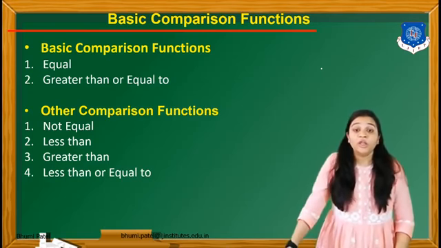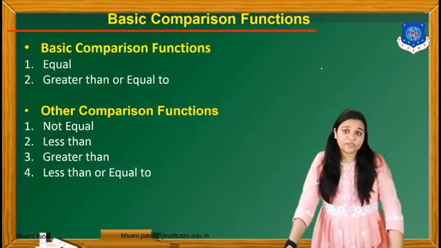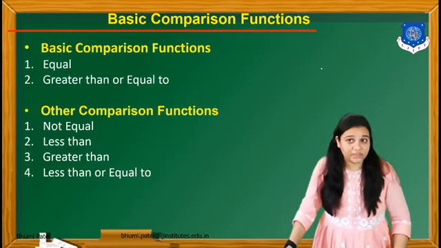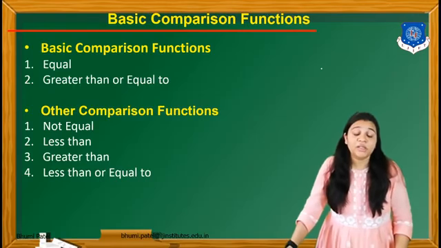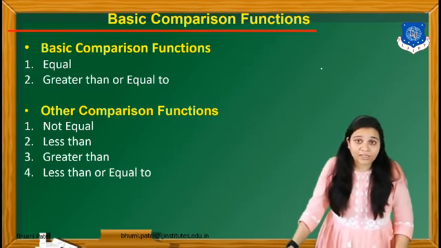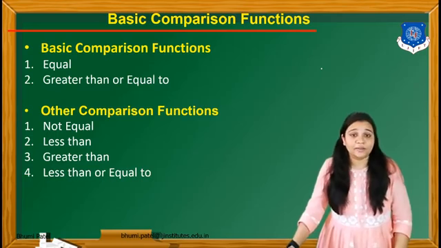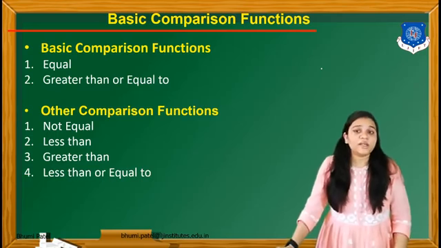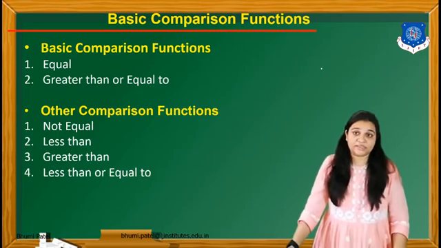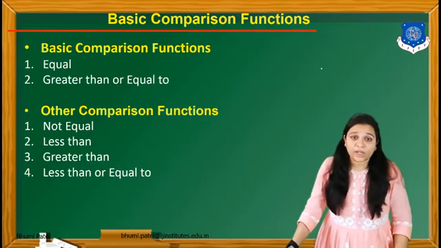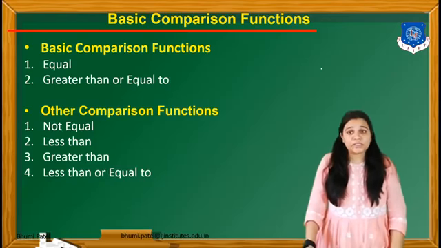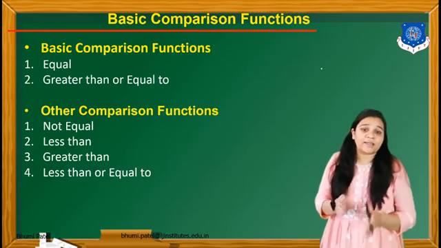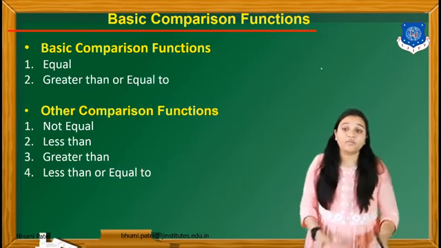Okay, so first of all we learn the syntax for this particular comparison function. As you remember, in Chapter 7 we studied different types of mathematical functions like addition, subtraction, division, multiplication, and square root. For those we have to use particular commands in PLC programming to execute the addition or subtraction function.